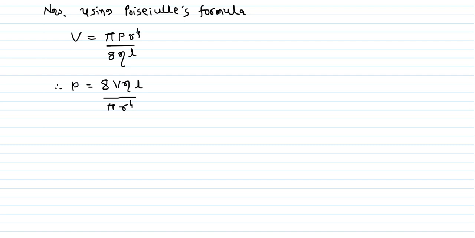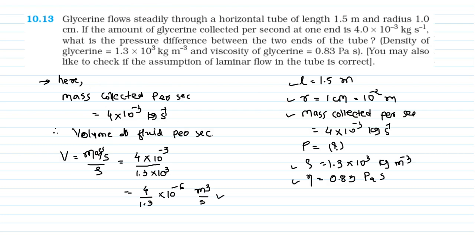Okay, all the data is given. That is the 8. What is the V? Okay, first let us write eta. What is the eta? So you can say it is 0.83. What is the length? 1.5. Pi is 3.14. And what is the radius? 10 raised to minus 2.